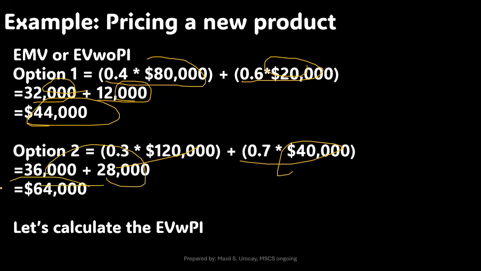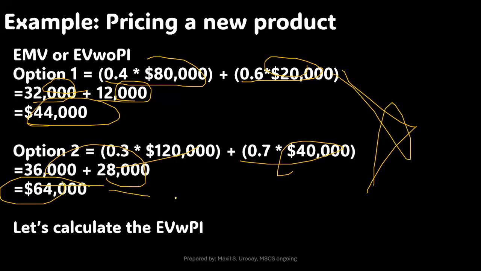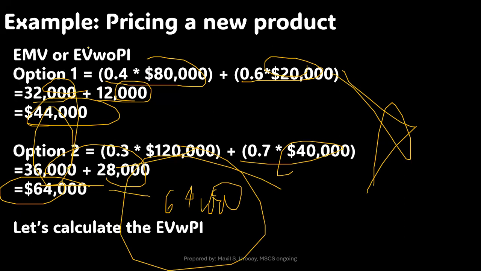You add them, that is 64,000. You have to compare to find the best alternative, because the best alternative is what you will use in your formula for the EMV. Comparing, the best alternative is 64,000, which is option two. That will be your best alternative in this EMV.